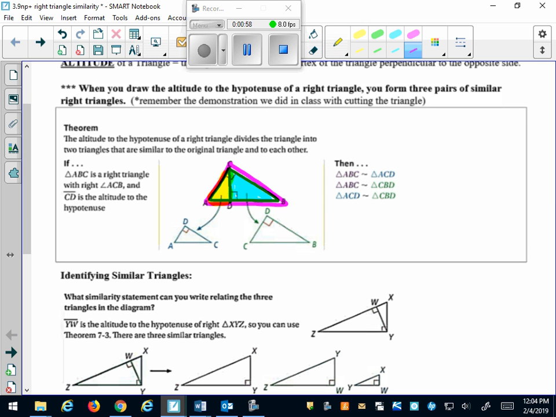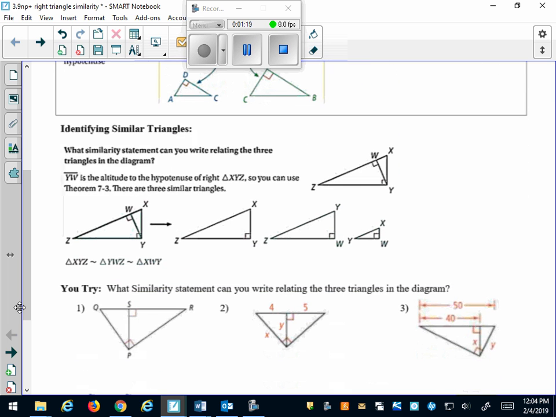Because of that, there are lots of proportions that we could write based on this relationship. There are also, therefore, many different values that might be missing in a triangle like this that we could solve for using the proportions, right? So this is really used to solve for missing parts of a triangle.